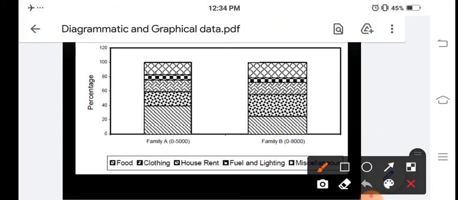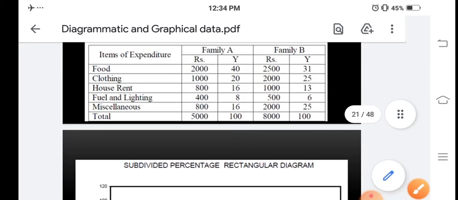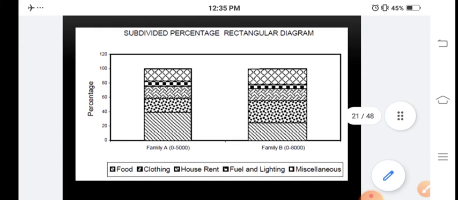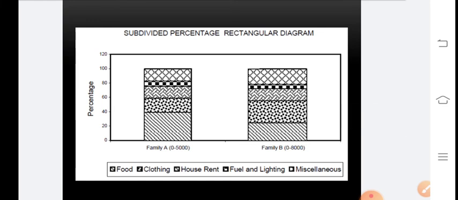This portion is the 40% of family A, and this portion is the 31% for family B. For clothing, it is 20% for family A and 25% for family B. Like this you have to draw the rectangle diagrams.